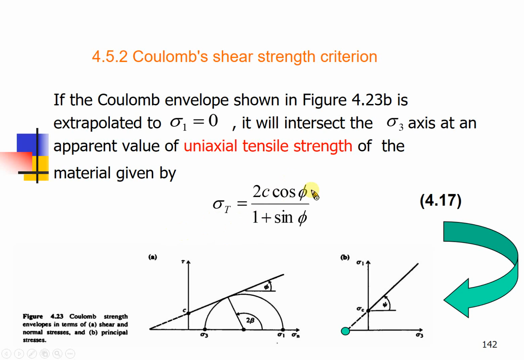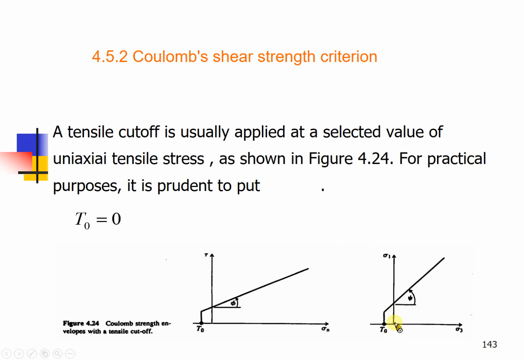Usually, we will not take this value because it is not really close to the fact. Instead, we will do the direct tensile test, or use the Brazilian test, or use the 4-point bending method to get the T0.